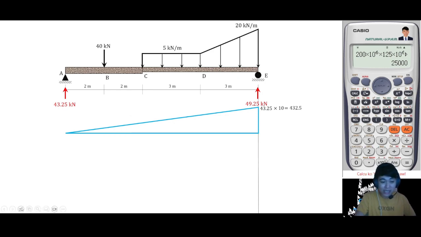Let's say this line here represents the reference, all areas above are positive, below are negative. Then this concentrated load will give us a negative area. The intensity of this load is 40 times the distance, so that is equal to 320.